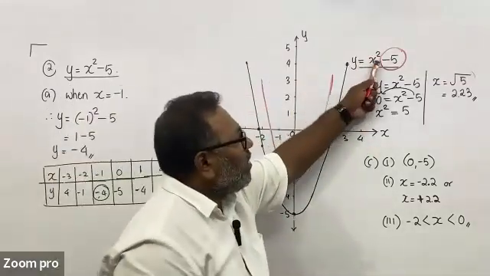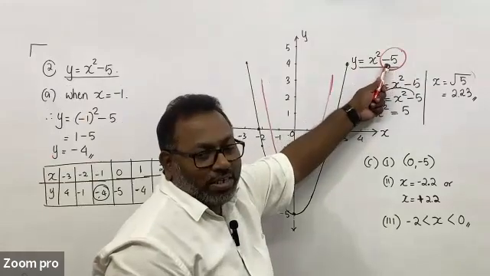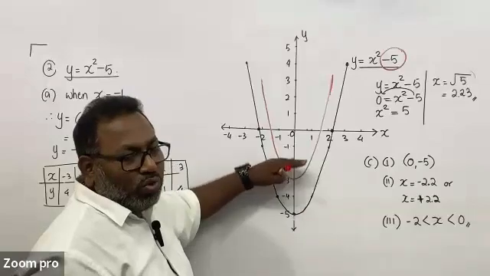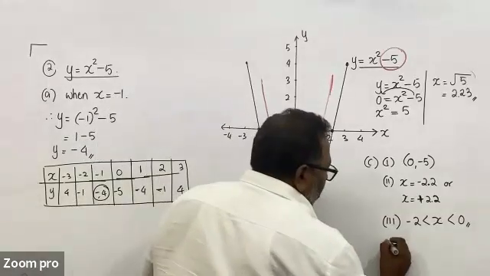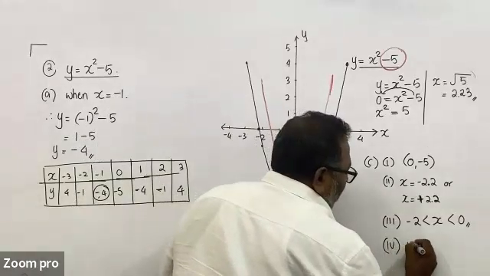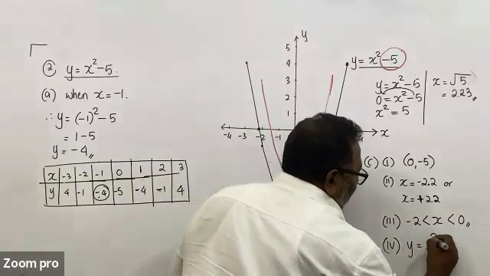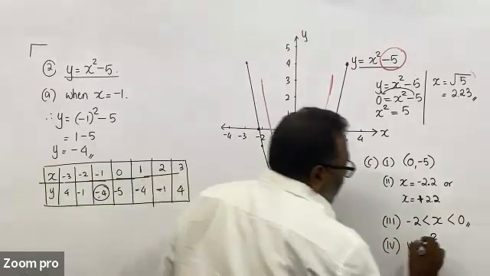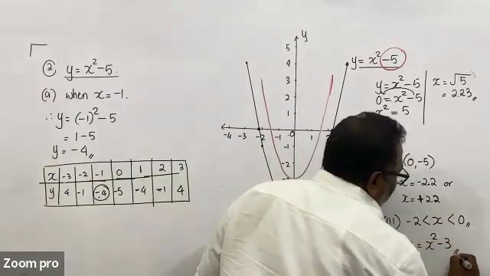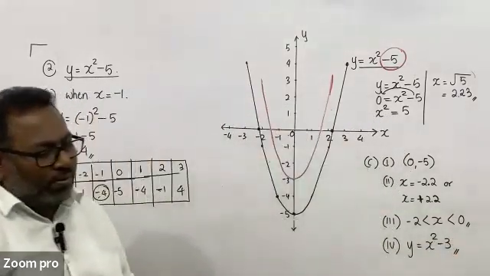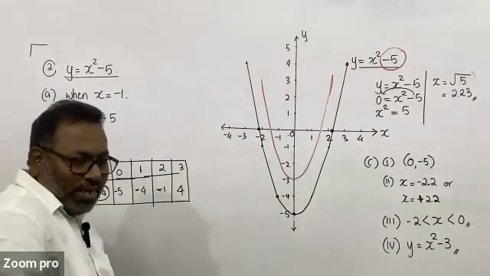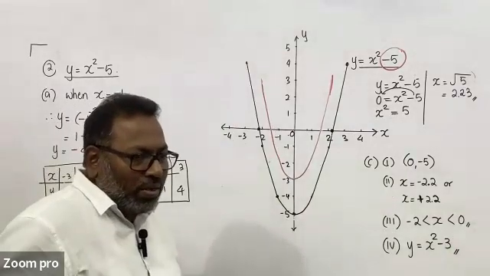This is not going to change. What is going to change is, over here, instead of minus 5, we have gone up 2 units. So your new equation is y equals x squared minus 3. Okay. So that is your final answer for question number 2.